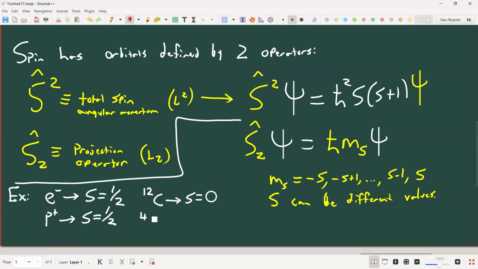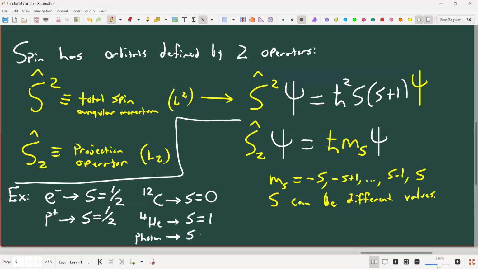Oh sorry, it's not an atom. The spin of the helium atom is an integer, 1. And interestingly, the photon, another common particle we see, also has spin 1. Light has an intrinsic angular momentum to it, and so on and so forth. You can always look them up, or calculate them. I just want to look at the math today.